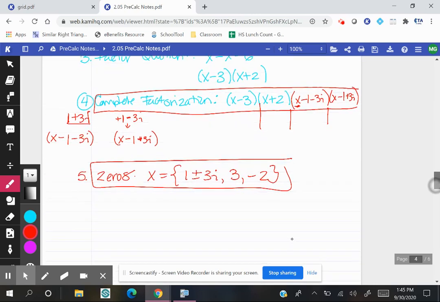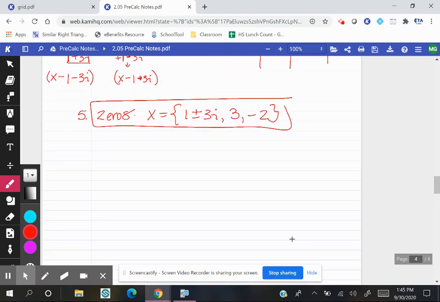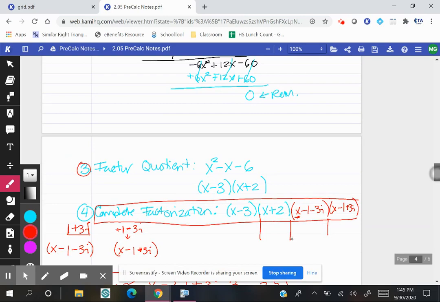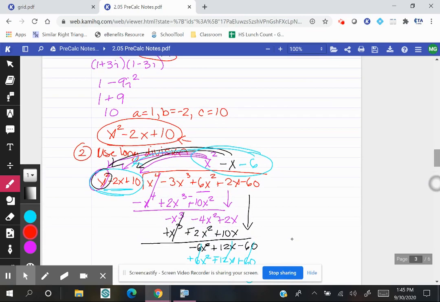Okay, let's do one more. I know these are tough. So I think we're on number 6 now. So that 5 was from the steps, how to do it.